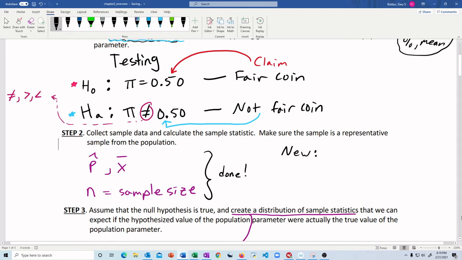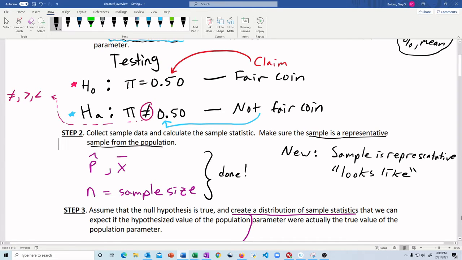So everything that we're going to do here, all of our work, relies on the fact that our sample is representative. So my shorthand for this is it looks like. You need your sample to look like your population. Okay? So the sample needs to be representative of the population. It's got to look like it.